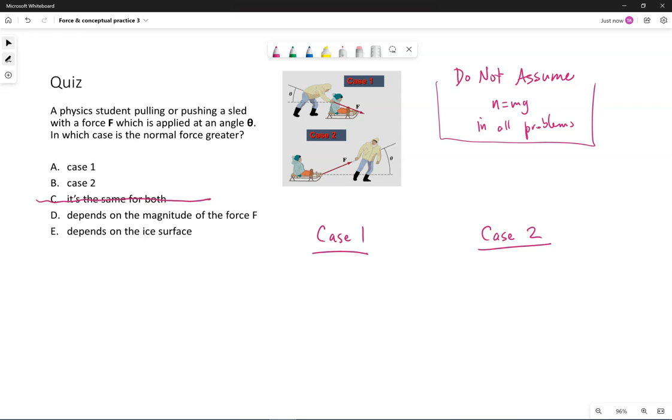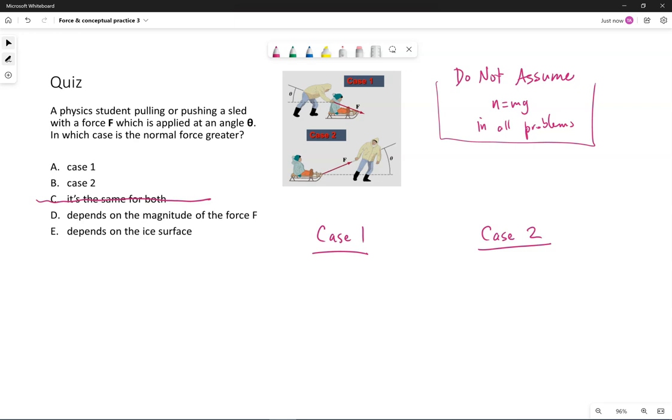So in terms of drawing a free body diagram, that's always my go-to. We need to decide what we're drawing the free body diagram for. Do I want to draw it on the physics student or on the sled that has the kid on it?